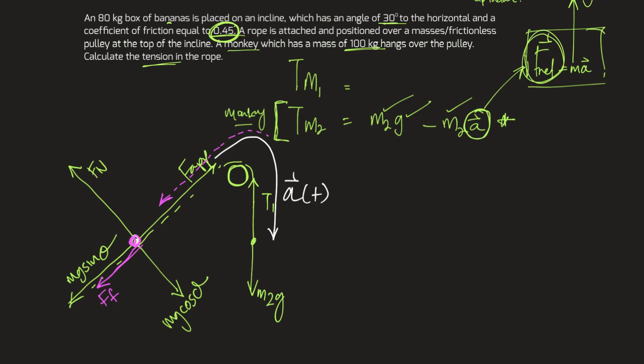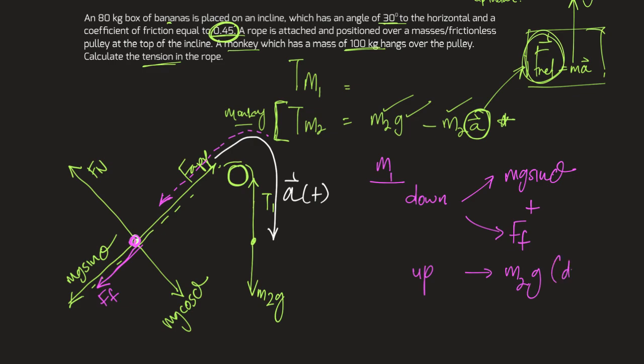So if I look at all forces acting on m1, going down the slope, it has mg sine theta, and it has the force of friction. Right, that's pushing it down. And then going up the incline, it's got m2g that's pulling it, or it's the driving force.